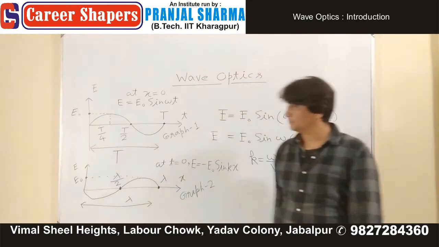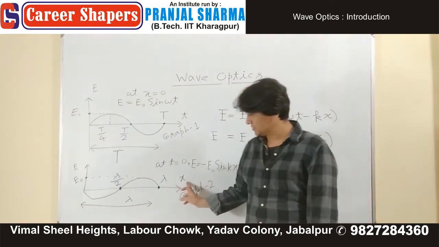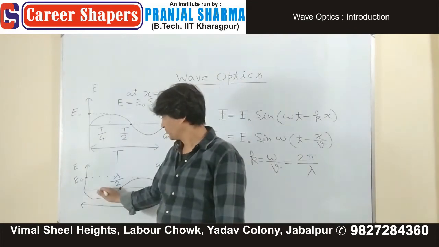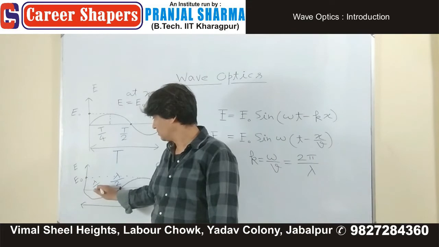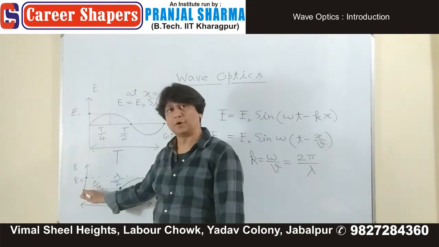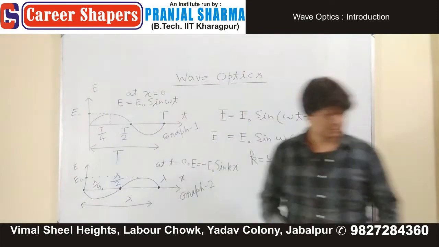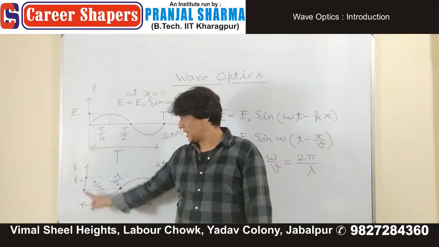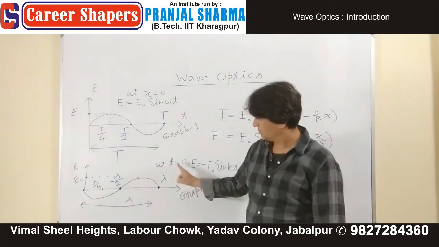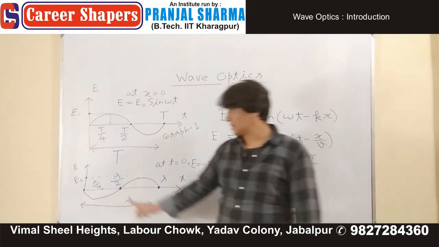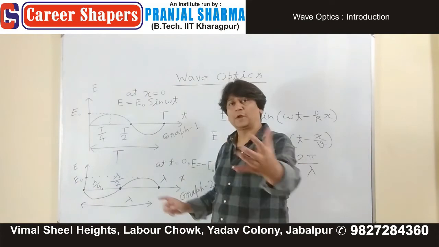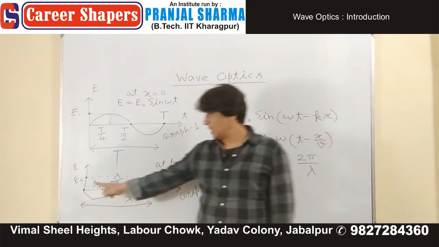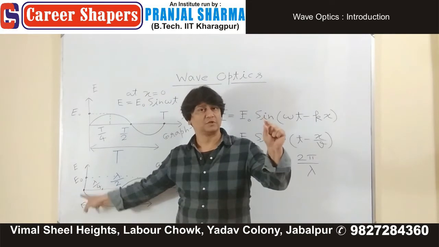Now, what is graph 2? Graph 2 is telling you that this is x, this is lambda by 2, this is lambda, this place will be lambda by 4, this place will be lambda by 4, this place is x equals 0, which is this. Now, let's understand this graph 2. In this graph, at a given time, at t equals 0, if you look at these different positions at the same time, then what you find: at x equals 0, the electric field was 0.